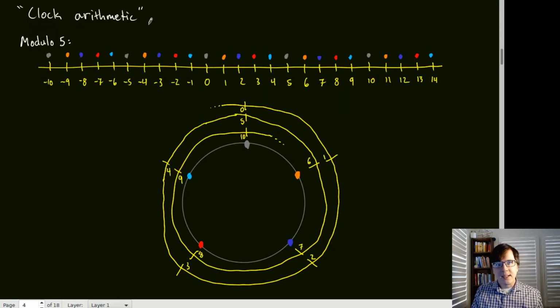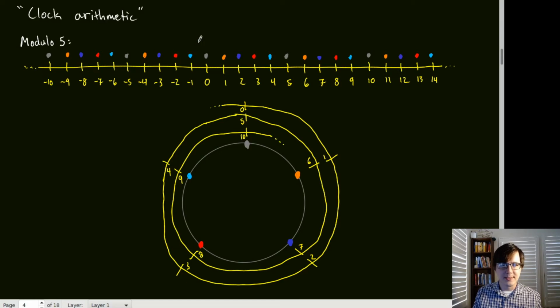You might have heard about clock arithmetic before, because it's a good popularization of mathematics and number theory. So let's see what that looks like modulo 5. What I've written here is the number line out to a certain point, and each of these colored dots is representing what's known as a congruence class. So 0 is congruent to 5 mod 5, and also to 10 mod 5, and minus 10 mod 5, and 15 mod 5.